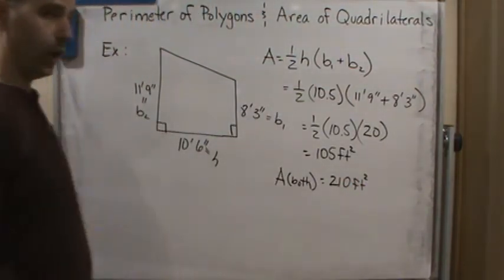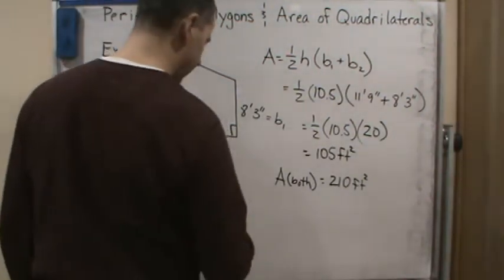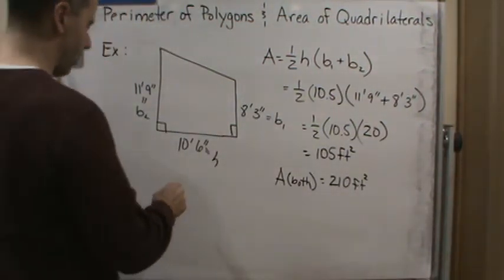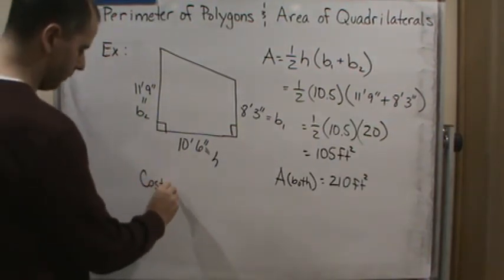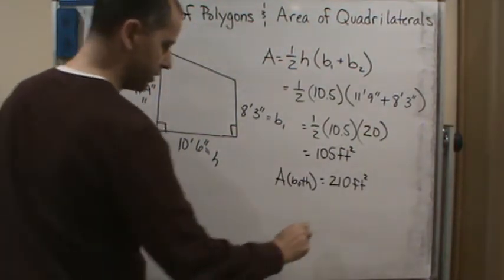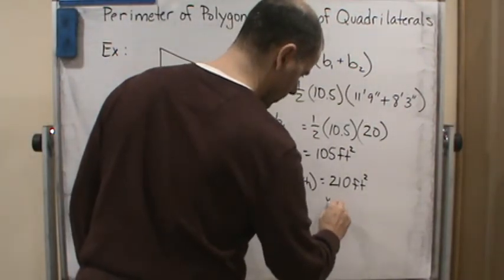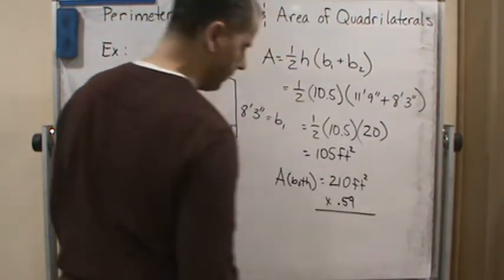And now we know that it's 59 cents per square foot. So the cost is going to be equal to what? It's going to be 210 square feet times 59 cents.